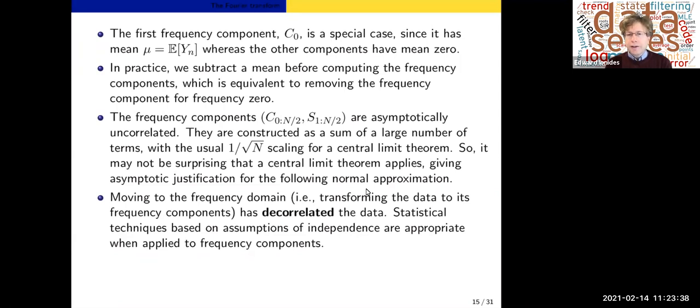We've decorrelated the data, and we've also got normal frequency components from a central limit theorem. They're asymptotically normal, even if the original time series model is not Gaussian. And so in the frequency domain, statistical techniques based on independence and normality are appropriate.